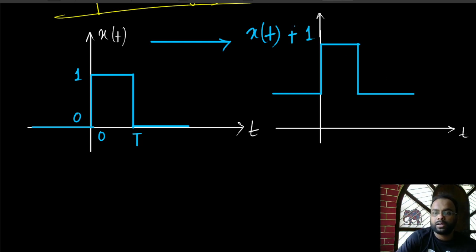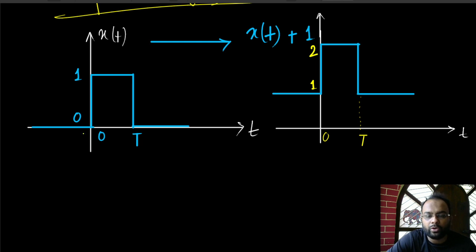So very quickly you can understand that this value is now 2, right? This value is now 1, right? And again, this is t, this is 0. So nothing happened in terms of time, right?